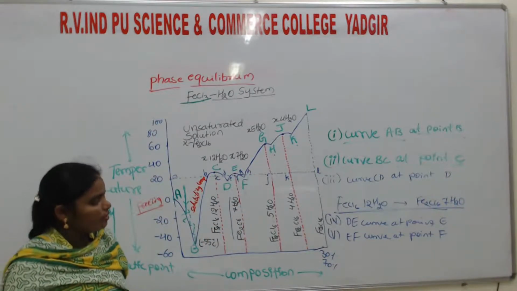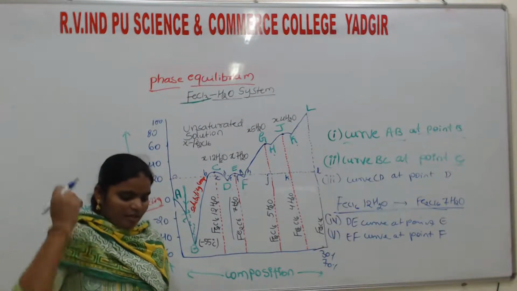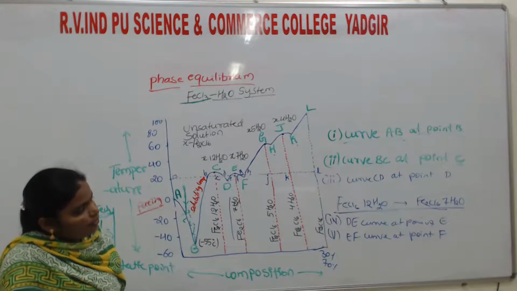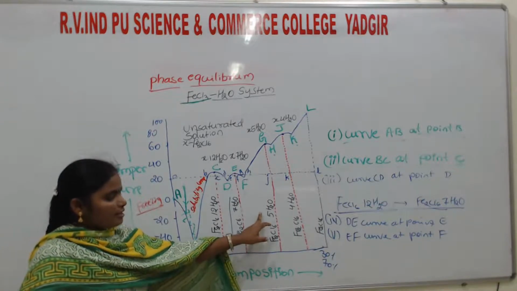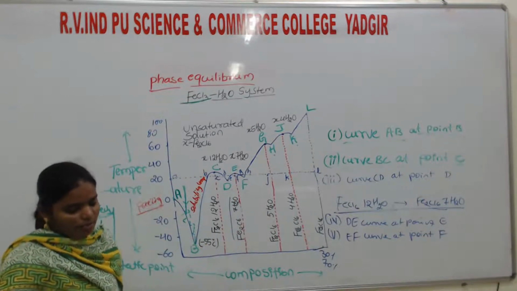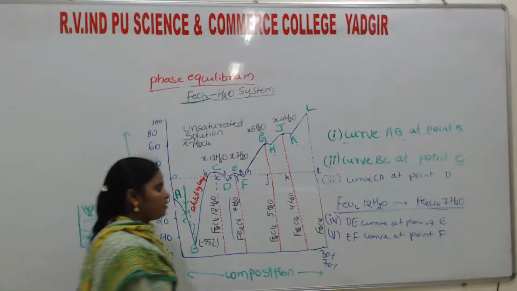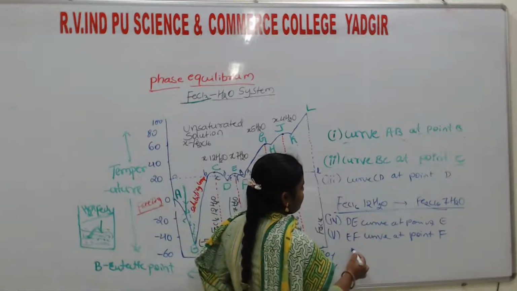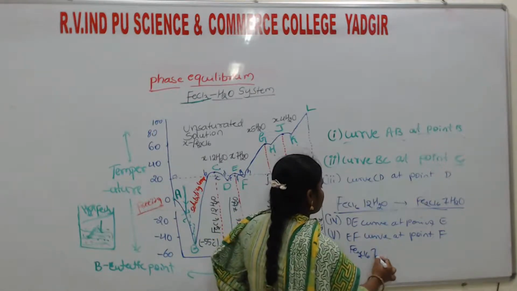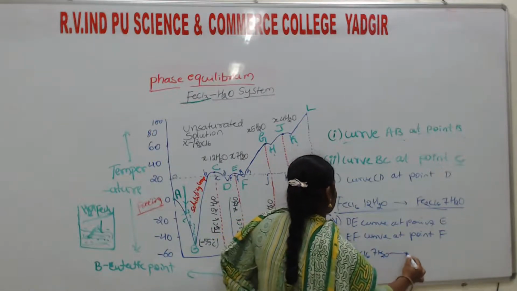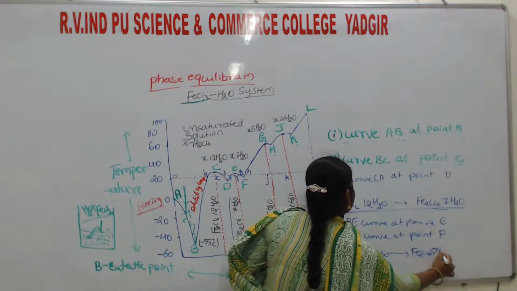Here you also write a transition, Fe2Cl6·7H2O to Fe2Cl6·5H2O. This is also known as the transition point.